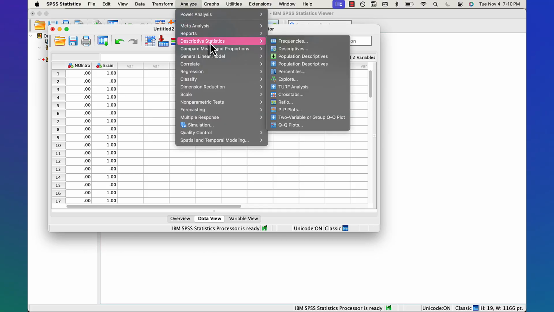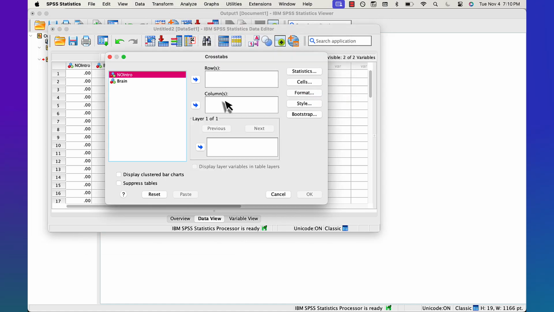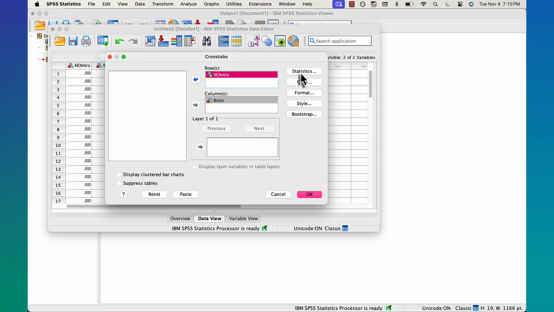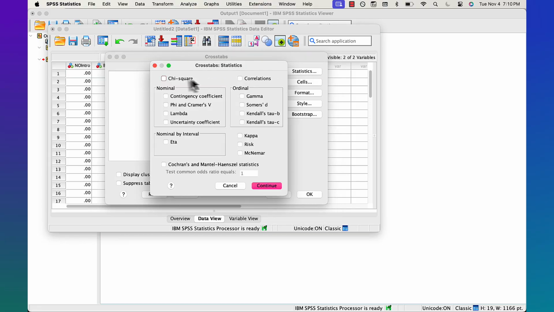Okay, Crosstabs. In the dialog box that appears, you're going to move your dependent variable into the columns box, and your independent variable into the rows box. Next, you will click the Statistics button and check the box labeled chi-square, and then click Continue.